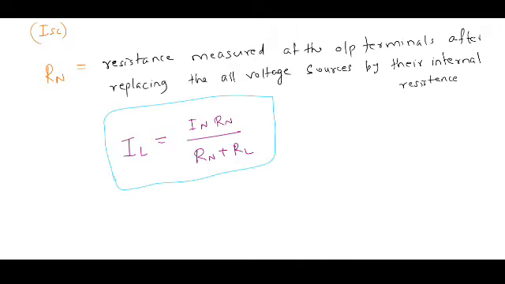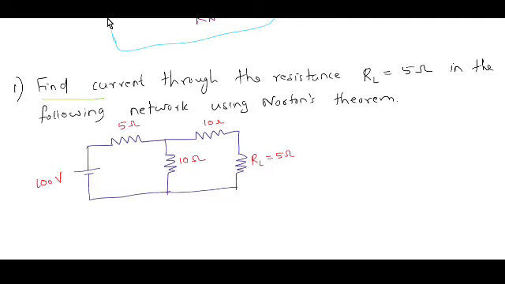Fine. Now let us do a problem that will give you a clear idea of how to use Norton's theorem to find the load current in a given network. First question: find the current through the load resistance RL of 5 ohm in the following network using Norton's theorem.